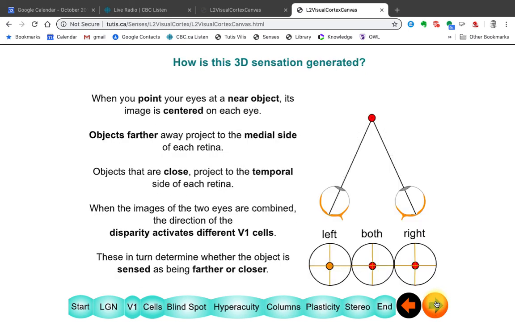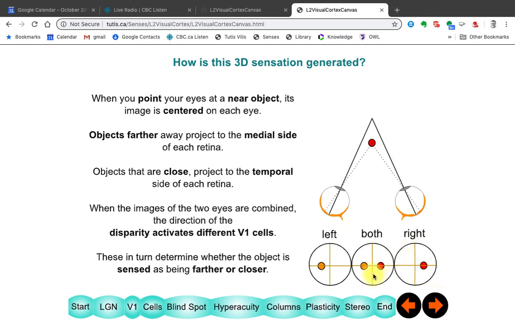Why is that? Okay, so here we got the same thing. You're looking at this point here, and then this red dot moves in front or behind that point there. Below here, you see a picture of what one eye sees, and then what the other eye sees.